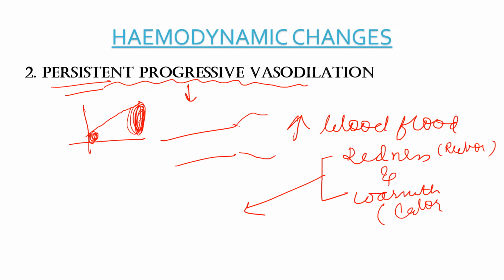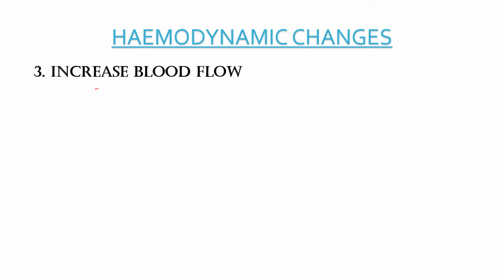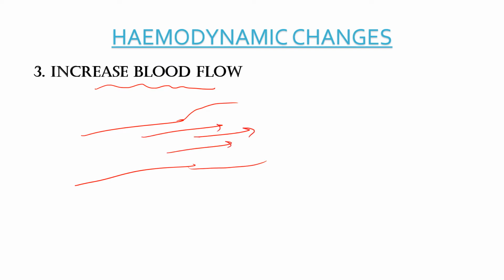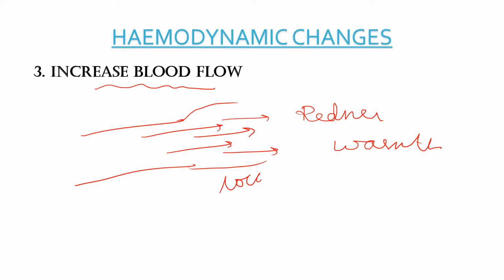Now the next is increased blood flow. As the blood vessel or arteriole is dilated, the part has increased blood flow. As we have discussed earlier, there will be redness or rubor, and warmth or calor, and due to this blood flow increase, there is a local hydrostatic pressure increase.